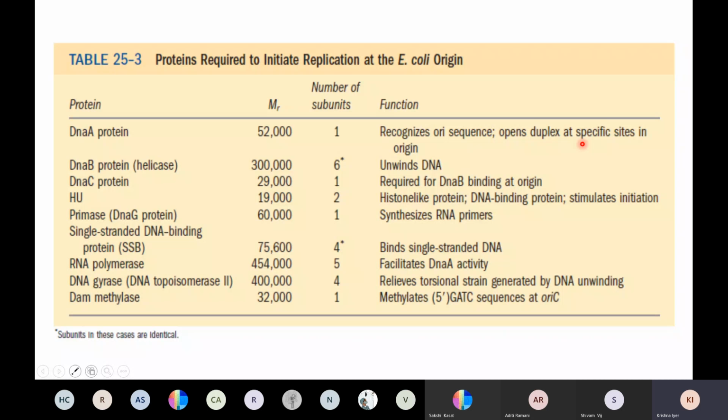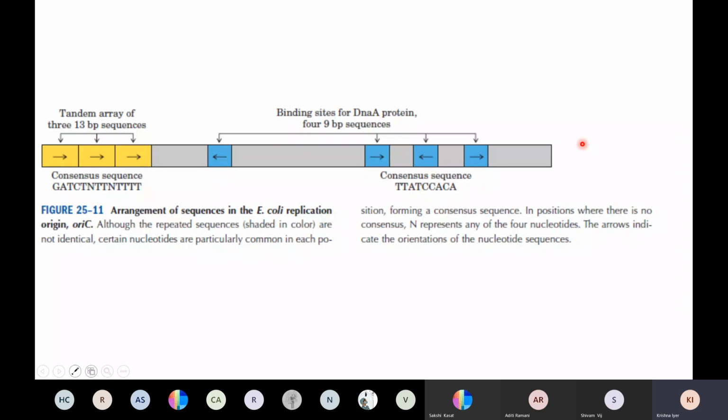Remember, AT rich regions have only 2 hydrogen bonds between the two base pairs, while GC rich regions have more. So it appears that this origin of replication is designed to be opened up a little easier than any other random sequence, because in any other random sequence, if I take 13, half of it should be AT, half of it GC, right?